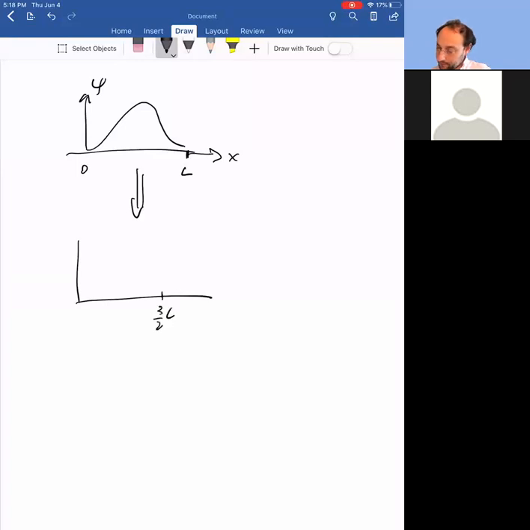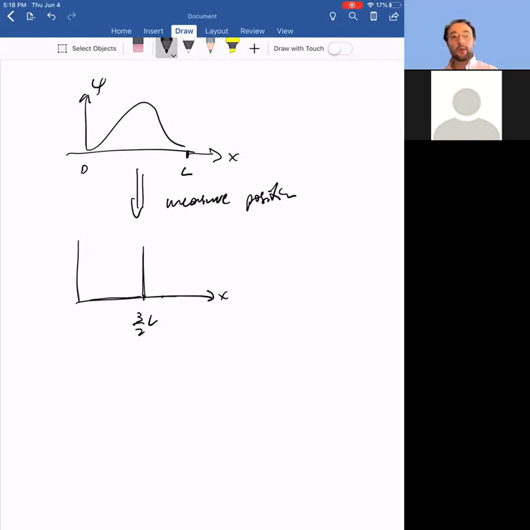And that means that the wave function after the measurement must respect the fact that the particle is definitely at 3/2 L, right? So this is 3/2 L. What wave function corresponds to knowing that the particle is definitely at 3/2 L? It's this, okay?